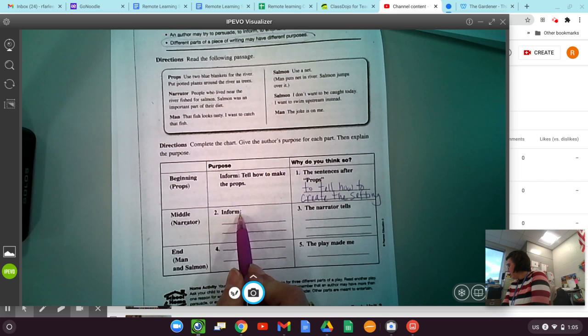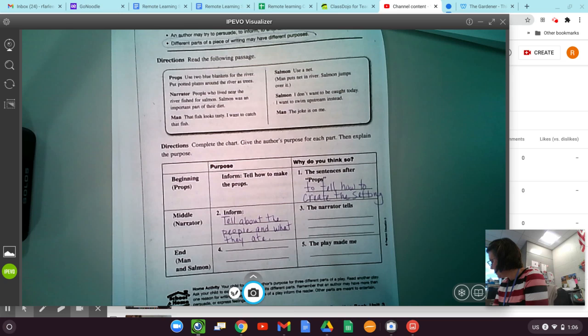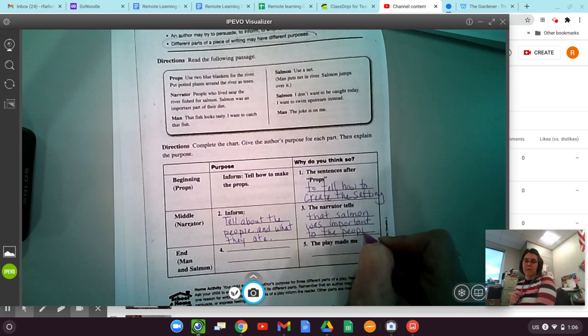Okay? So the narrator, why did he do that? The narrator tells us that salmon was important to the people. It's what they lived on. The narrator tells that salmon was important to the people. Again, that is not a complete sentence. I don't have capitals or periods there.